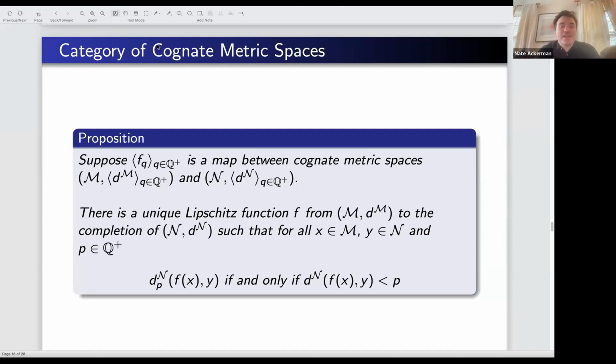We have that given any cognate metric spaces and any map between them, there's a unique Lipschitz function from M to the completion of N, such that the distance between f of X and Y is less than P if and only if the actual distance between f of X and Y is P. So these notions exactly capture what we were trying to do: we're trying to pin down the distance between the image of f and every single element in our dense subset of the codomain.